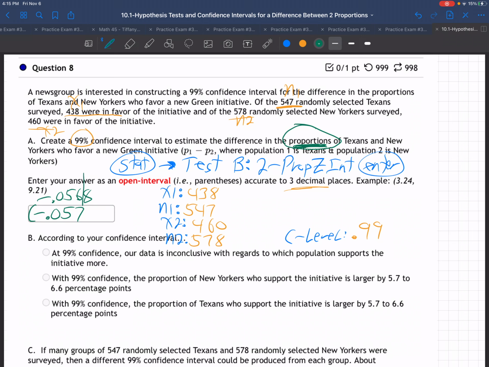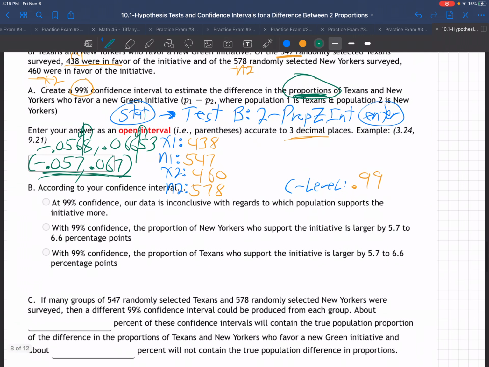Round to minus 0.057, comma. And the second one is 0.06653. So you round to 3 places, 0.067. I cut it right there, and that 8 makes it round up. So there's my confidence interval.